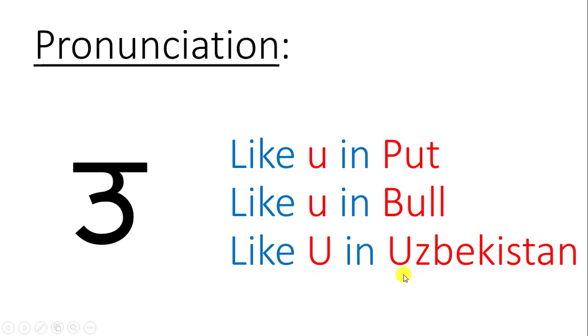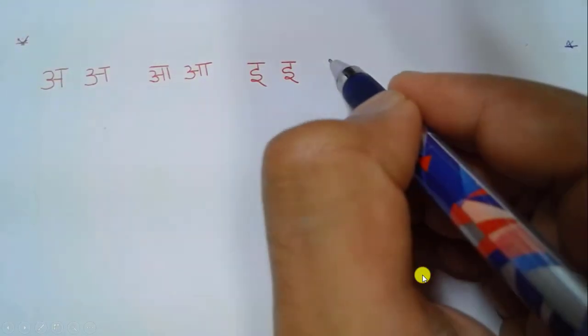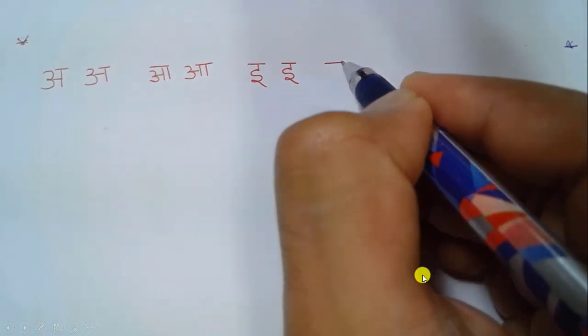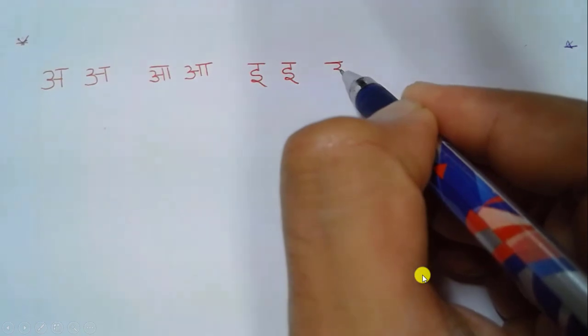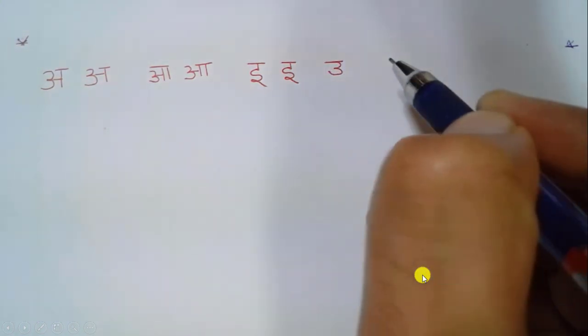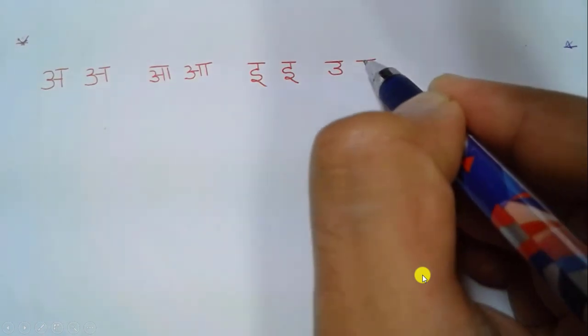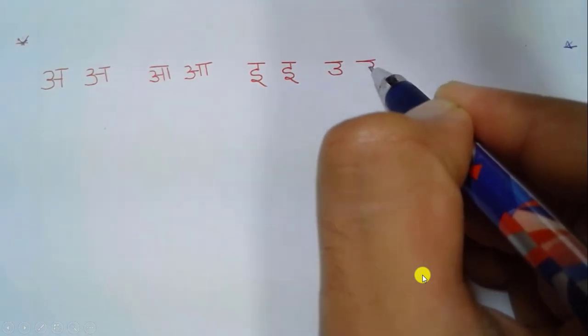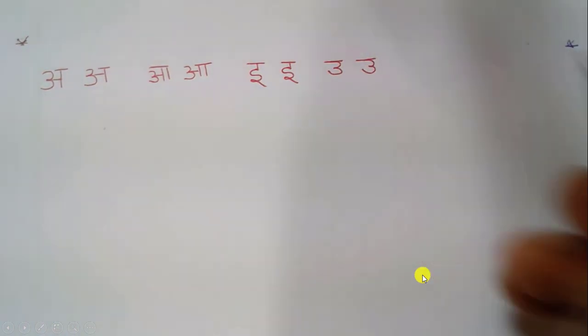Uzbekistan is a country. All right. The way you write it is like this. Horizontal line, and from there you start writing 3, or the shape similar to 3. All right.